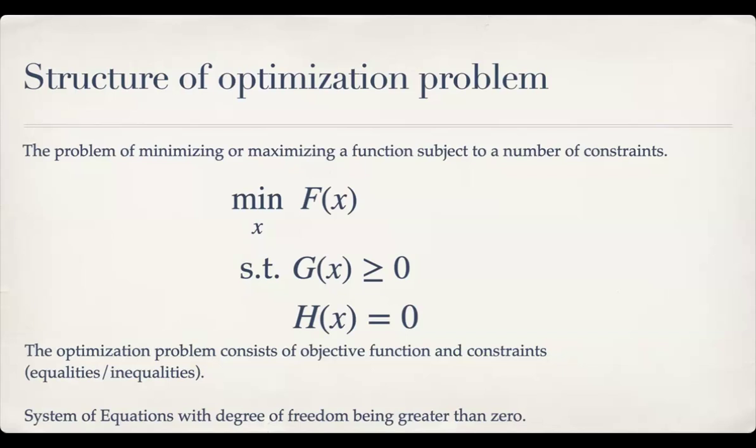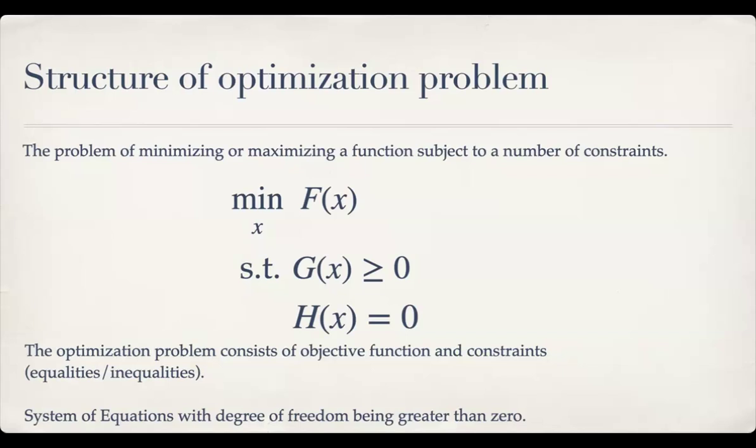If the number of decision variables here is less than the number of equalities, well, you have a big problem because we don't have enough degrees of freedom, right? Degrees of freedom is less than 0. Okay. We call the system overdefined. Okay.